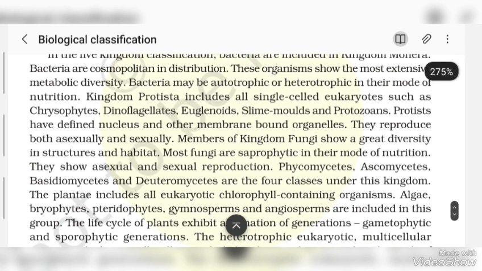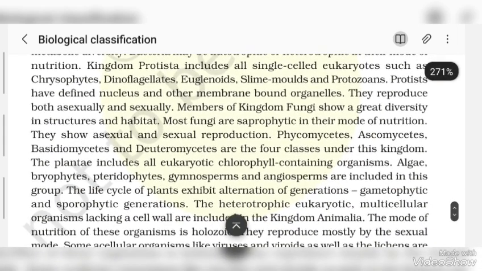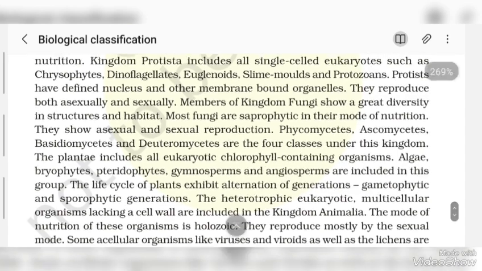Kingdom Protista includes all single-celled eukaryotes such as chrysophytes, dinoflagellates, euglenoids, slime moulds, and protozoans. Protists have a defined nucleus and other membrane-bound organelles. They reproduce both asexually and sexually.